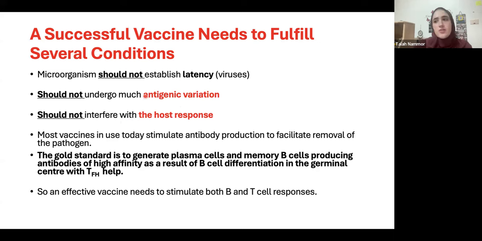Antigenic variation means it keeps on changing its antigen. One of the bacteria that has antigenic variation, and that's why it keeps having a lot of serotypes, is Haemophilus influenzae. You guys know it, it's a gram-negative bacteria.